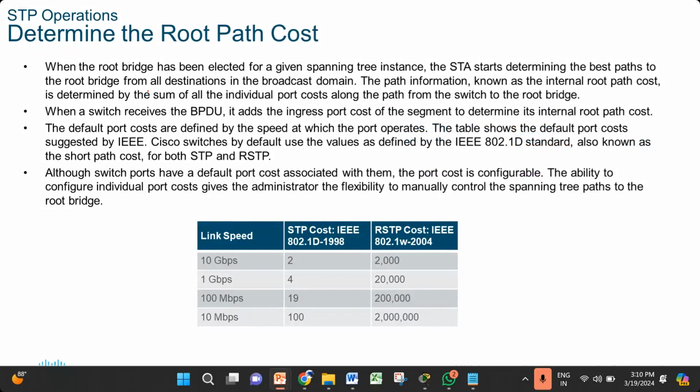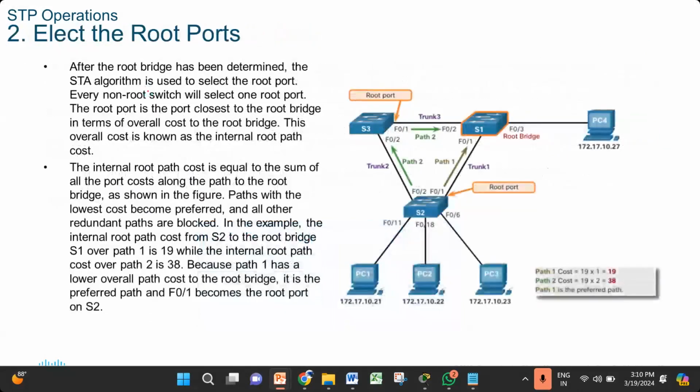There are different roles for every port in the network. For example, let's say this is a root bridge. All the ports connected to the root bridge are designated ports, that is, open ports. This is called D, this is called D, and this is also called D. Designated port.